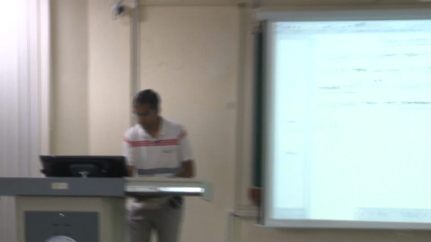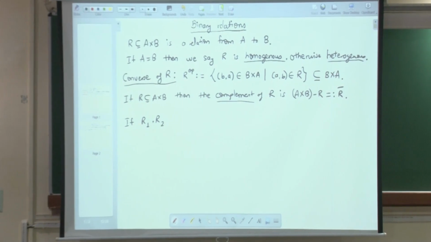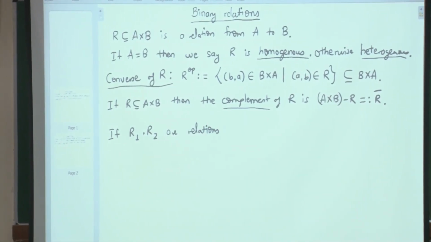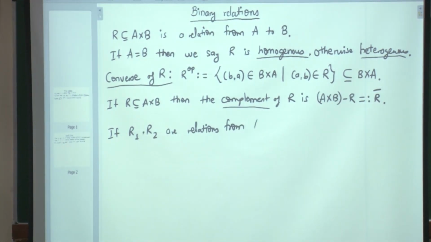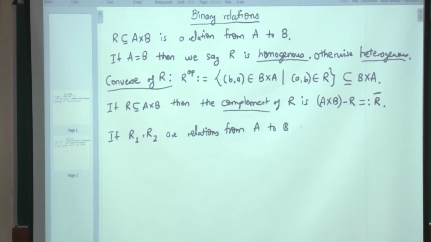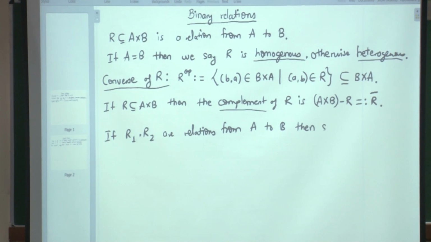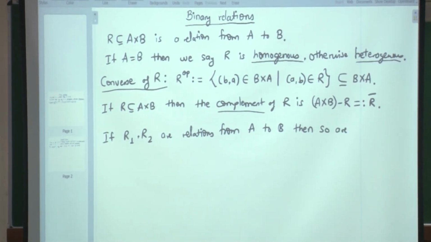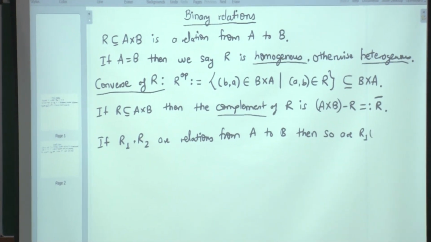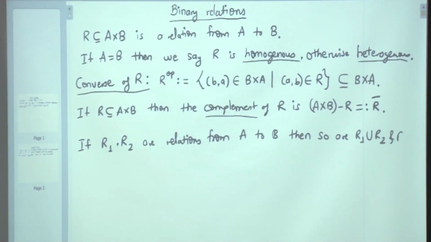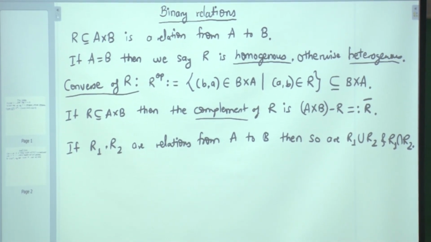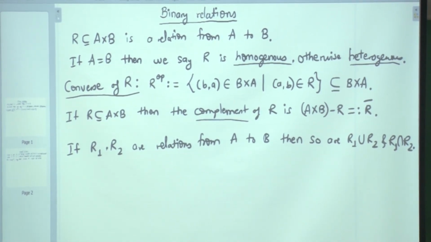So if R1 and R2 are relations from A to B, then so are, yeah, pun, so are R1 union R2 and R1 intersection R2. No confusion over here, simple, okay.